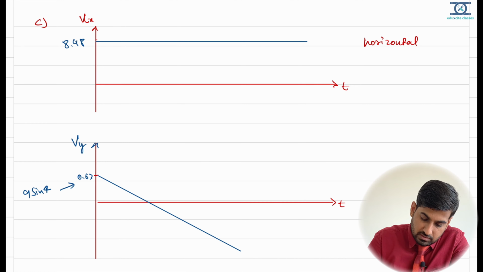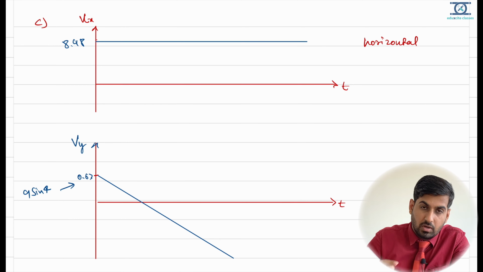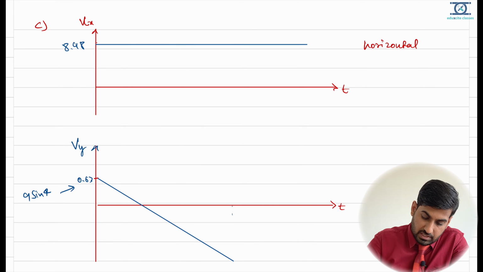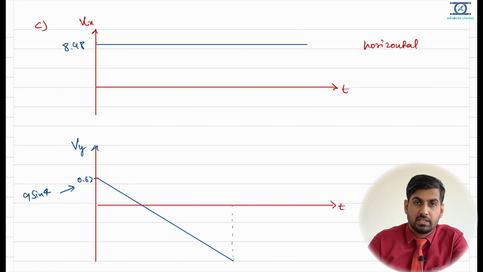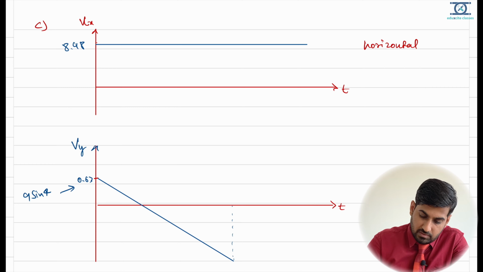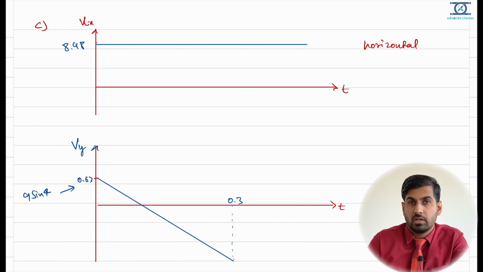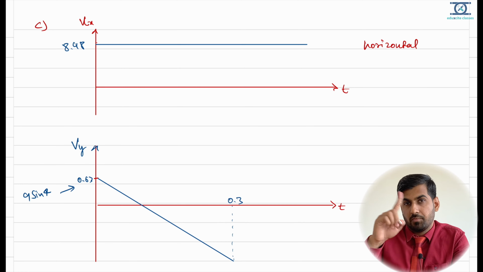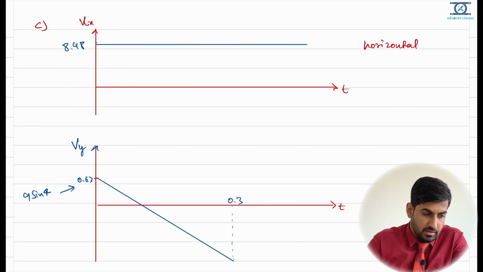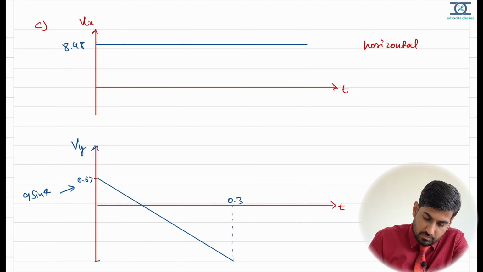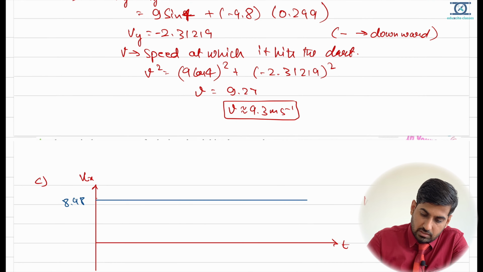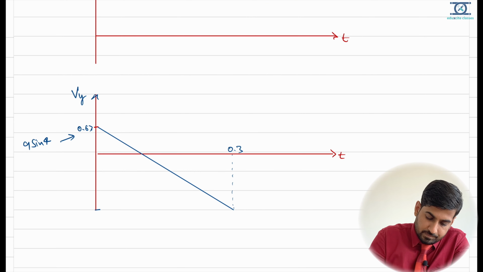It will become 0 at the maximum, and it will increase in the negative direction. This will be 0.3 because the total time period of the complete projectile is 0.3, and this maximum will be, we have already calculated, 2.31.